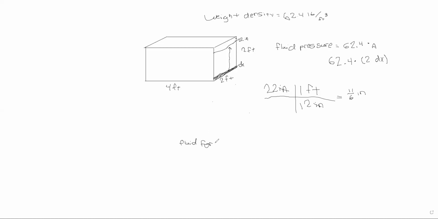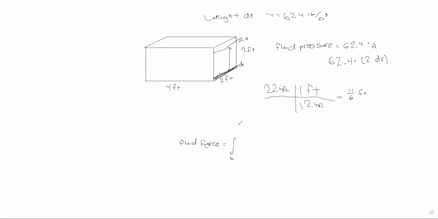So the fluid force being exerted by the water on the side of the fish tank is the definite integral from 0 inches. No, I meant to make that feet. This is 11 over 6 feet, not 11 over 6 inches. Sorry, I need to get it together.